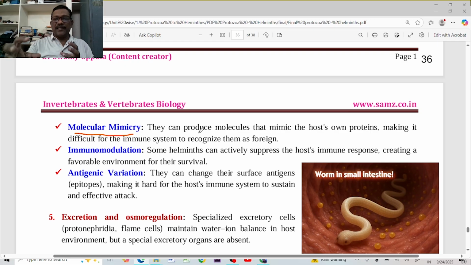The proteins can resemble the proteins of the host body. Then the host immune system cannot recognize those organisms as foreign organisms. And immunomodulation is when some of the proteins produced by these parasites suppress the immune response of the host. Our immune system is suppressed by the parasites.